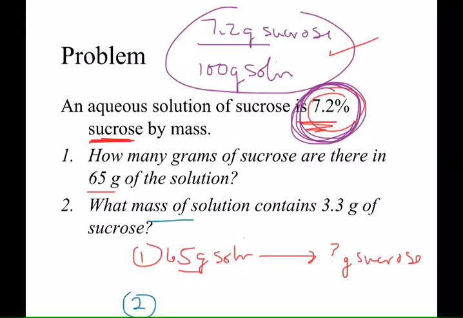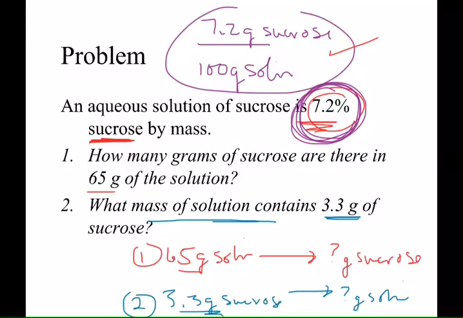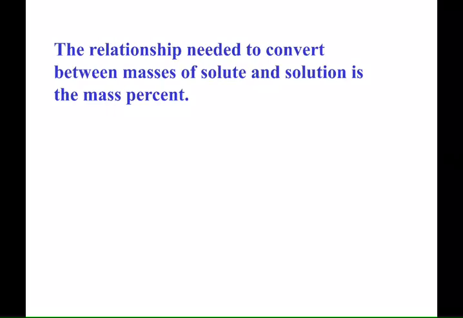What mass of solution contains 3.3 grams of sucrose? If we make this our first term and flip this one, our grams of sucrose will cancel, and we're left with grams of solution. I'm just giving you insight into what we're going to do. So it looks like this.